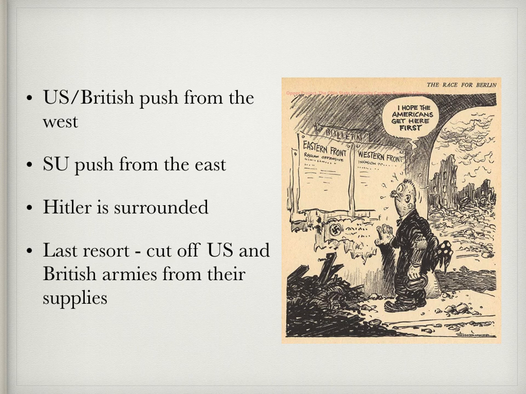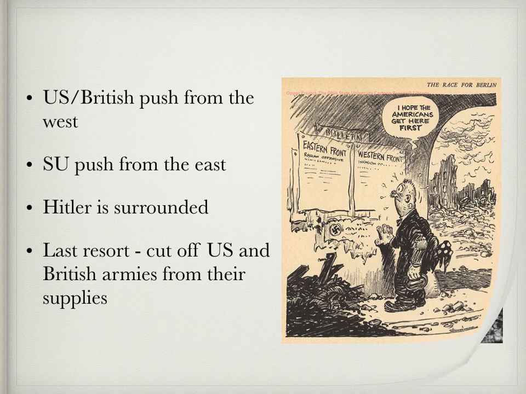So one of Hitler's last resorts is to cut off the U.S. and British armies from their supplies as they're moving further into Germany and further away from the coast, from those landing operations. In a last-ditch effort, Hitler is going to order to cut off supply lines to the U.S. and the British.